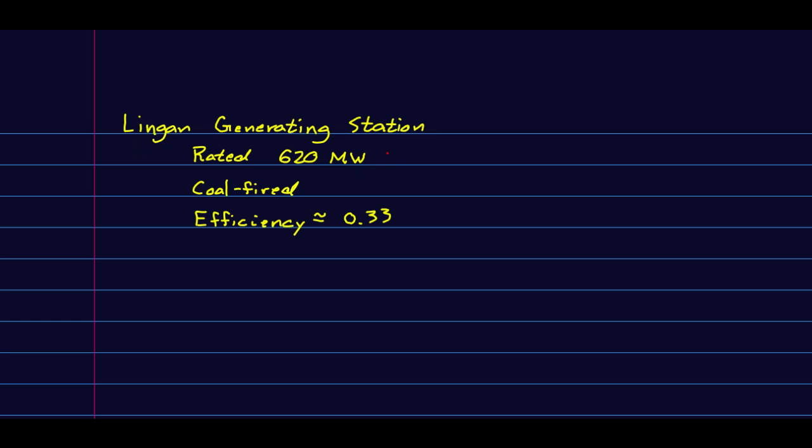So pretty close to us is the Lingan Generating Station, which is a coal-fired plant rated at 620 megawatts. And I don't know its efficiency, but a pretty typical efficiency for a coal-fired plant is about 0.33. Let's call this rated output P out.